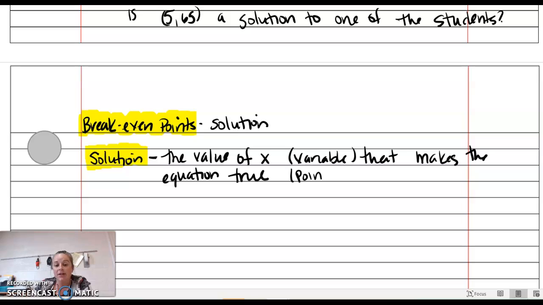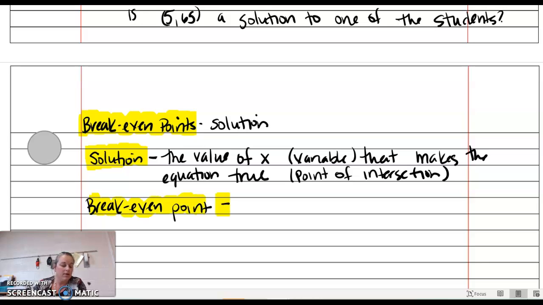We like to call this the point of intersection. Another word that we're going to be using is called the break-even point. I'll highlight that. The point where two equations are the same.